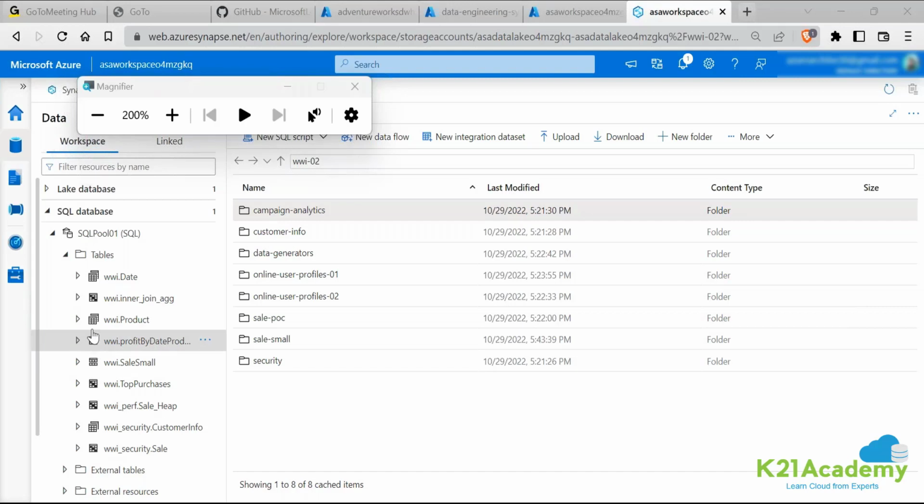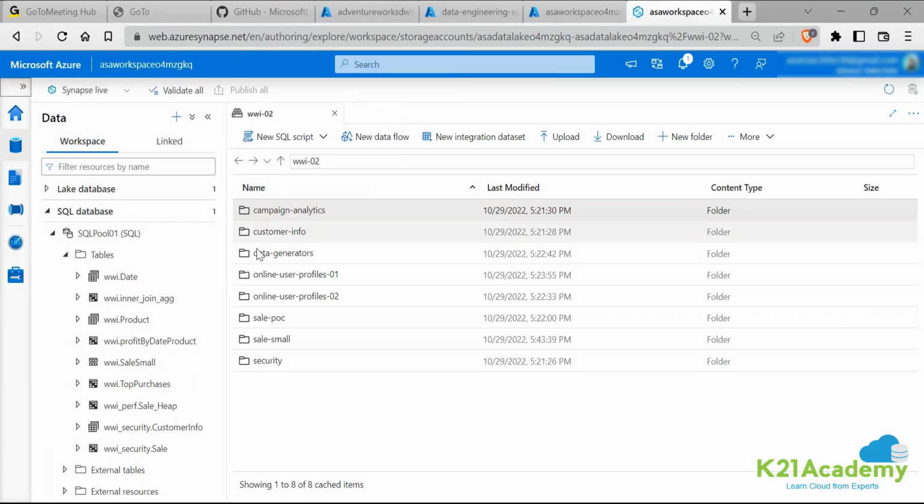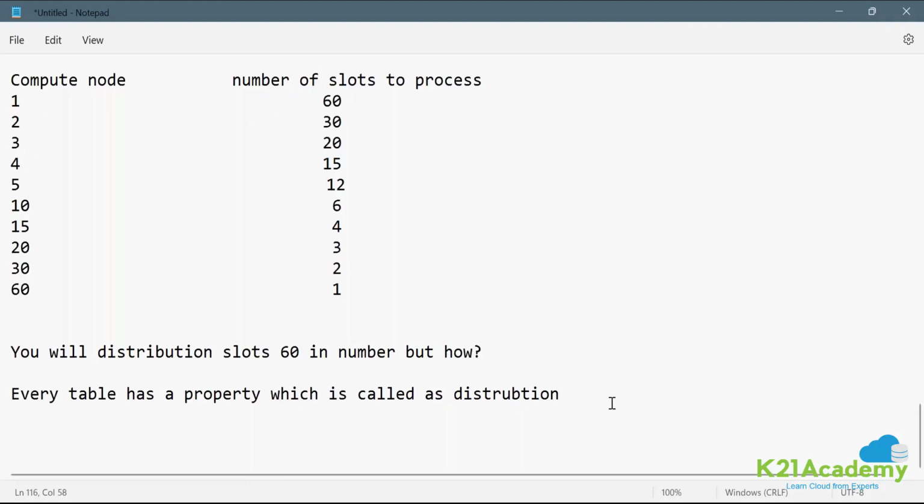This is round robin, this is replicated, round robin, replicate, round robin, hash. What is this property? And why is it so crucial that they are trying to show you here as a symbol? It is so important that the entire performance of your warehouse depends on that.